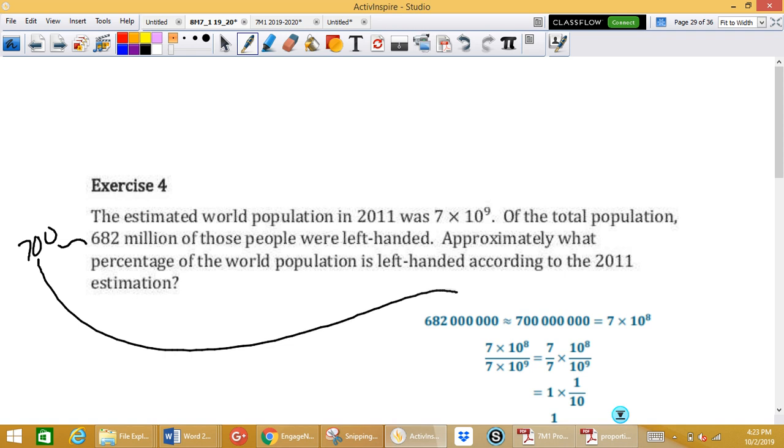So that's what we're going to do here. We're going to take the 682 million and it's around 7 times 10 to the 8th. So we have our decimal point here at the end. We got to go in 1, 2, 3, 4, 5, 6, 7, 8. 8 places.